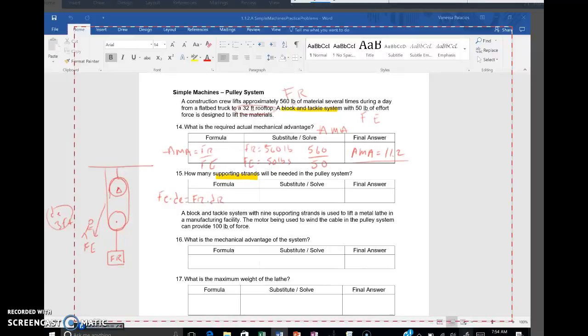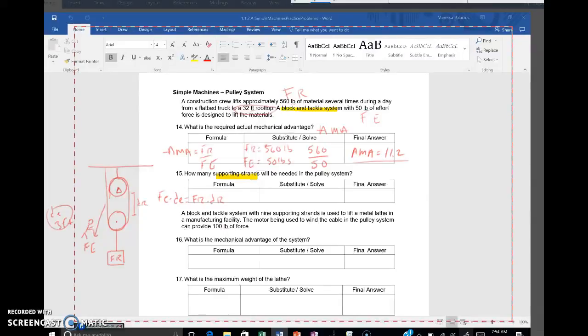And then my DR would be the amount of rope that would be pulled within the block and tackle system. So in this particular example, my DR would be here. The amount of string or rope that we're going to pull is going to be longer for your DE than it will be for your DR. And remember, go back to what we know about a lever.